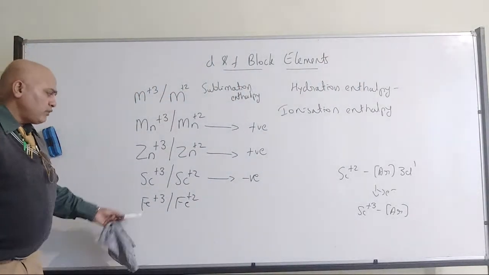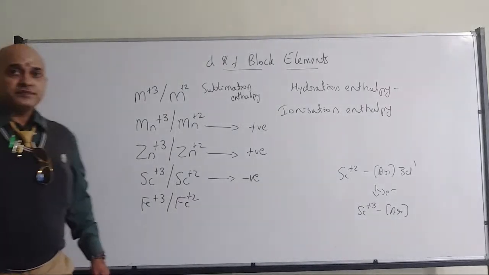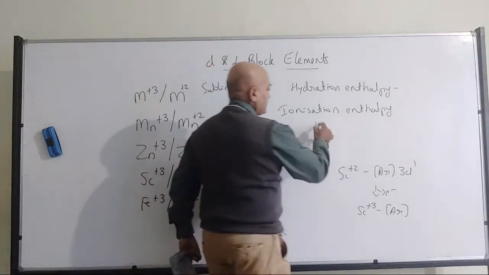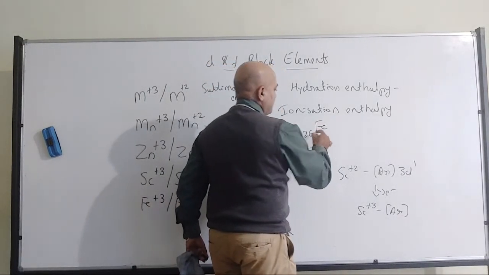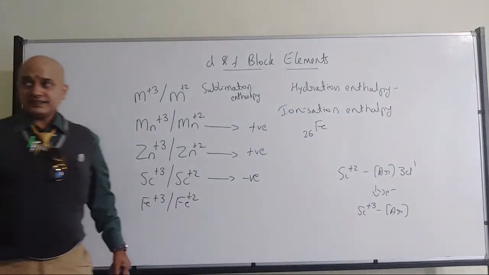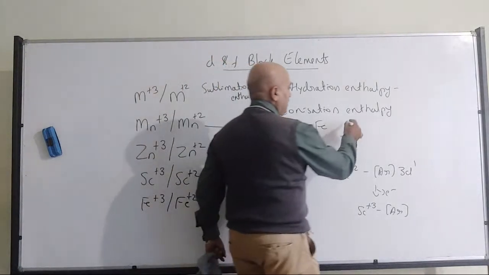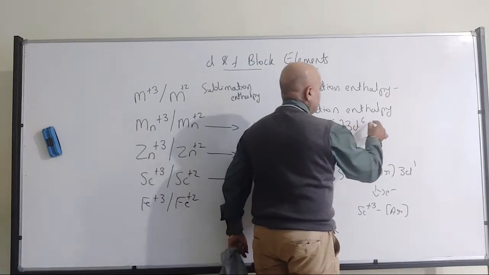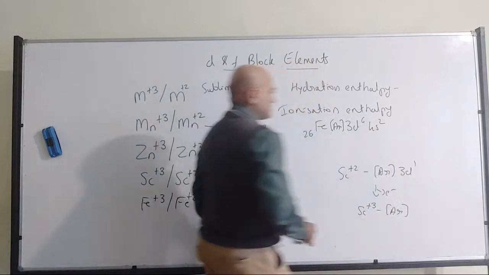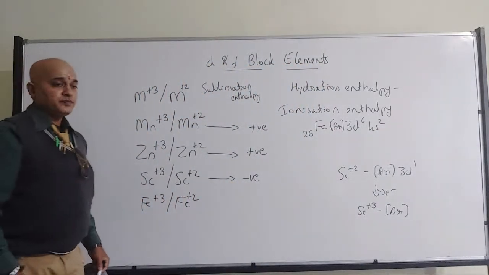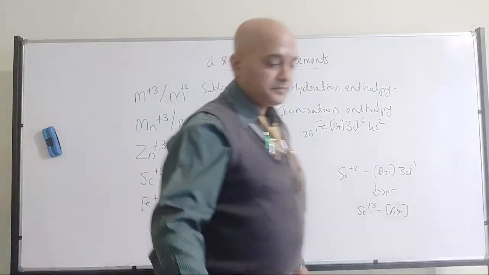Now, what about Fe plus 3? Fe is 26. It is next to manganese. So that means it should have argon 3d6 4s2. What should happen?